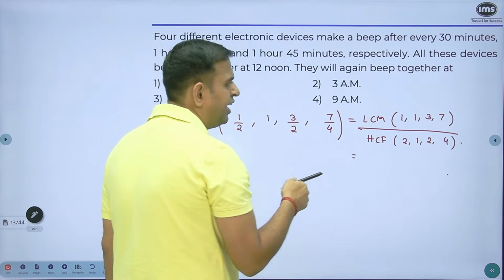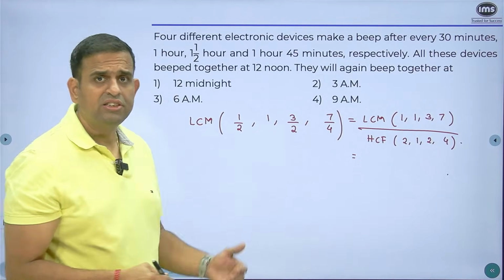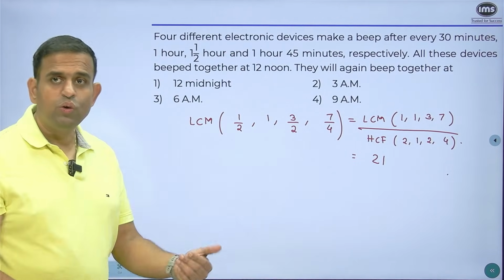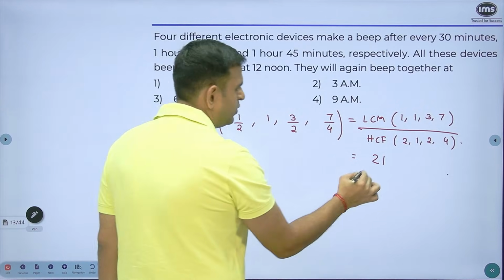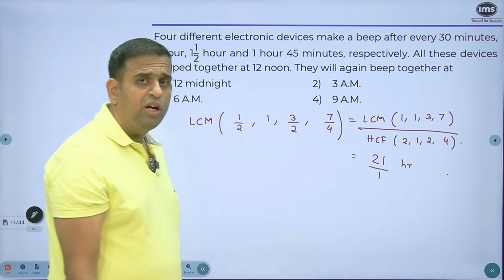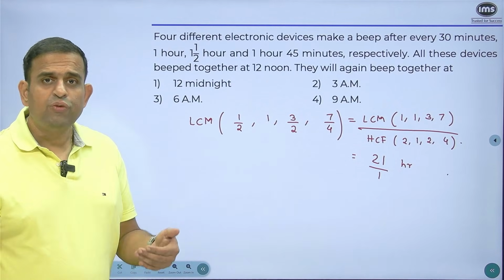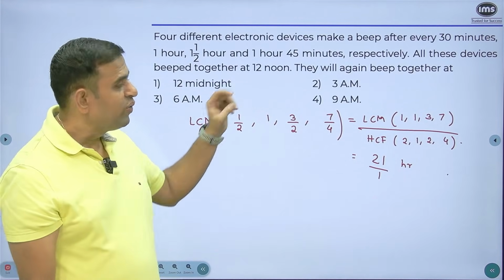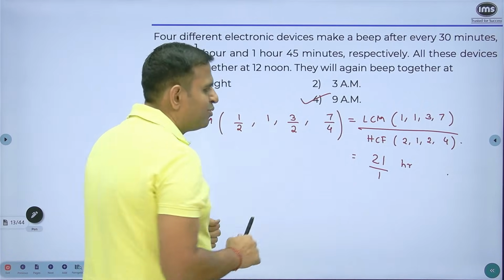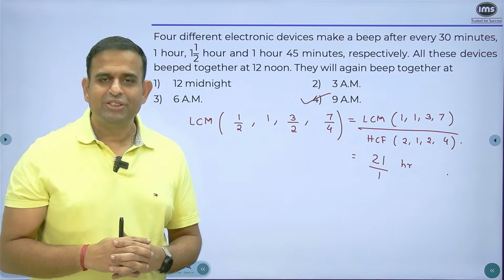As you can see, the LCM of 1, 1, 3 and 7 becomes 21. HCF of 2, 1, 2, 4 simply becomes 1. That's why we found the LCM to be 21 hours. If you add 21 hours to 12 noon, one will arrive at 9 a.m., and that's why option number 4 is the answer for this question.